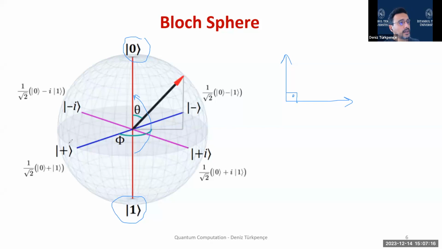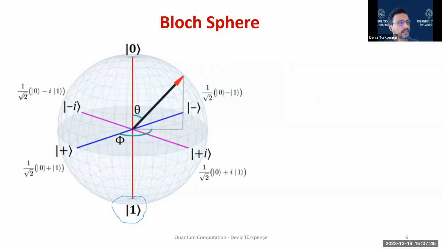And on the equator of the sphere, we see that there are superposition states. And here we see that we have a vector. This vector is the psi vector, which represents the quantum system, okay? In the Bloch sphere representation of a qubit, the qubit is going to be represented by the parameters of this sphere. So what are these parameters?